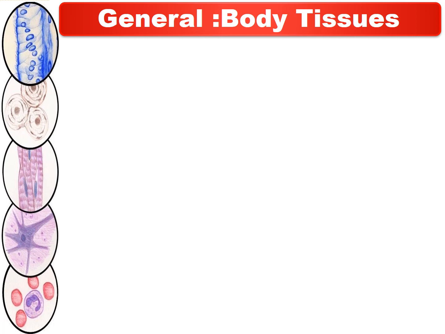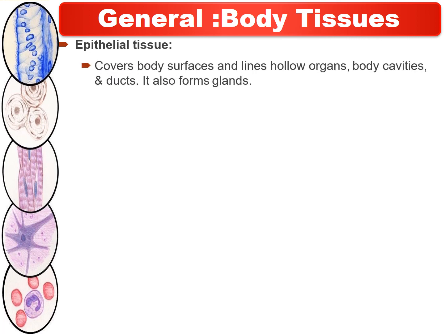Now it's time for the revision and the summary of this class. So the first question is, what are epithelial tissues? They cover body surfaces and line hollow organs, body cavities and ducts. They also form the glands.